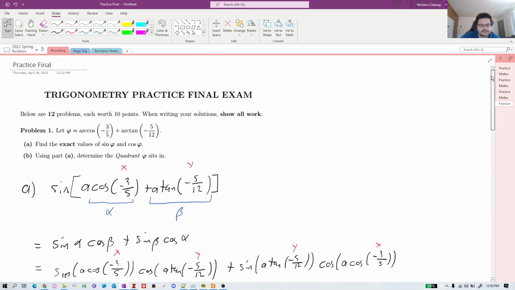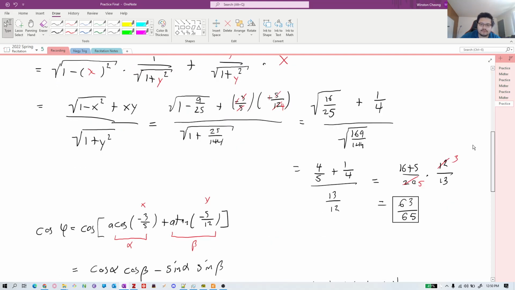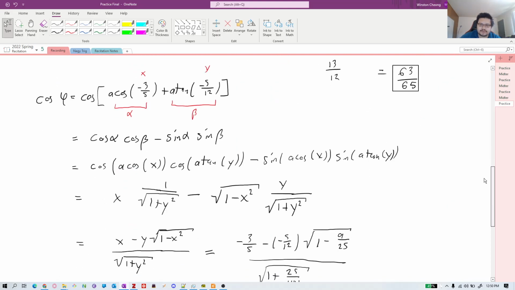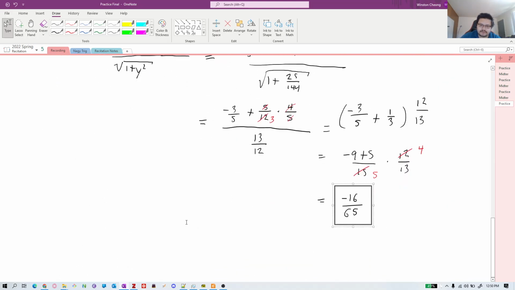And then part B is determine the quadrant, right? So what we do is we look at the signs of the sine and cosine. So for part B, we found that the sine of phi is actually a positive value. The cosine of phi is a negative value.